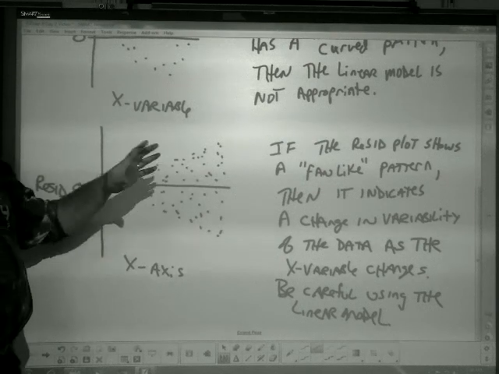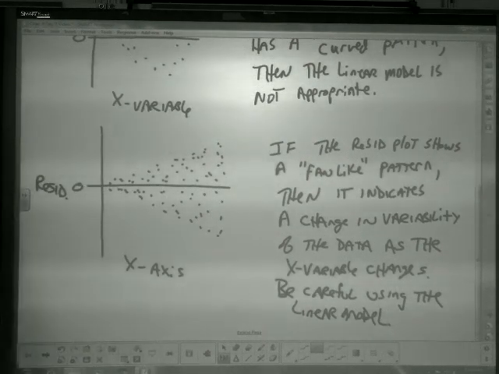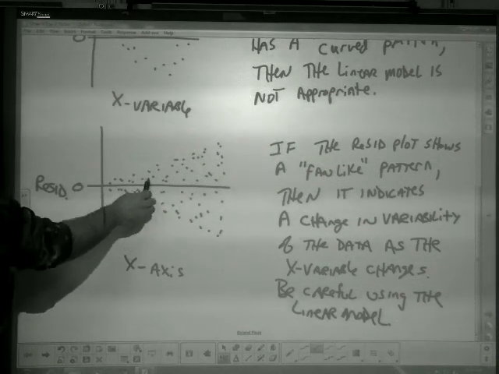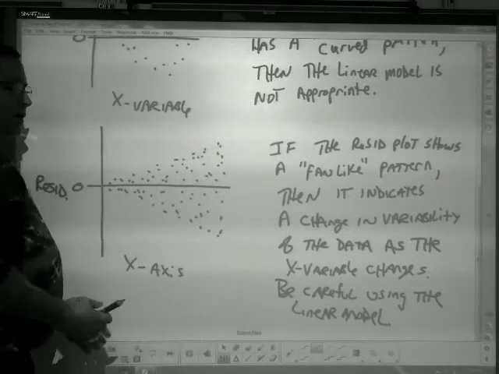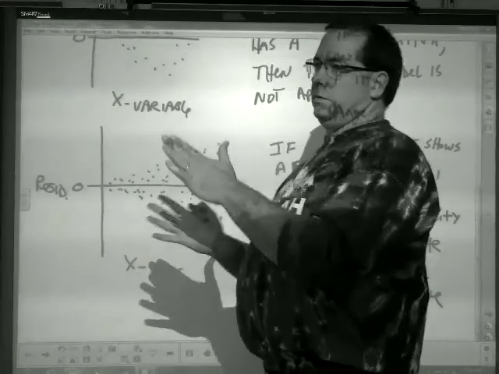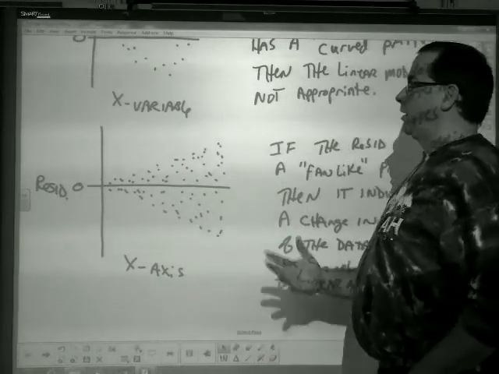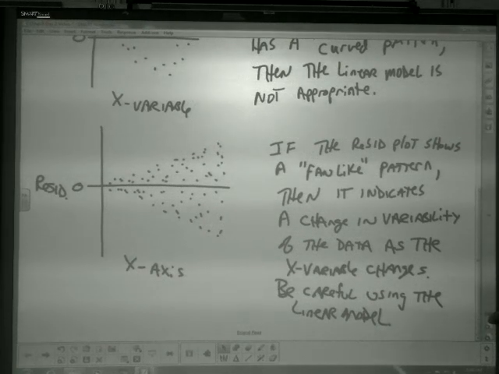So not that it's not linear, but the variability of the data is changing. And so be careful using the linear model here. Maybe the linear model only is good for in here, or only for certain regions. But this shows that the variability of the data is changing as x is changing. And so that's a be careful. You want to make sure that you note that when you're using that model.